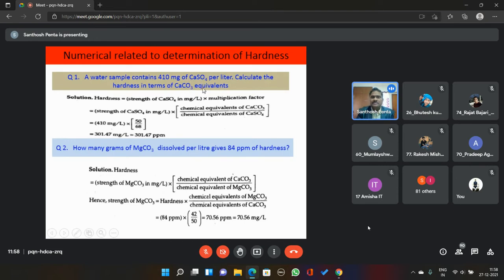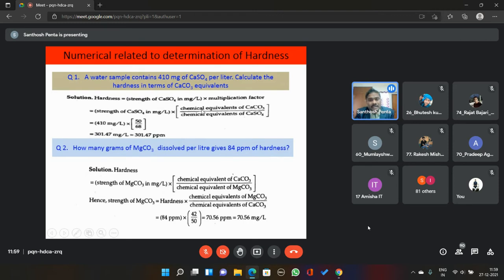How can we convert? That is very simple, with this equation. Hardness in equivalence of calcium carbonate is equal to the strength of hardness producing substance, in this numerical calcium sulfate, in milligram per liter, into the multiplication factor. What is the multiplication factor?